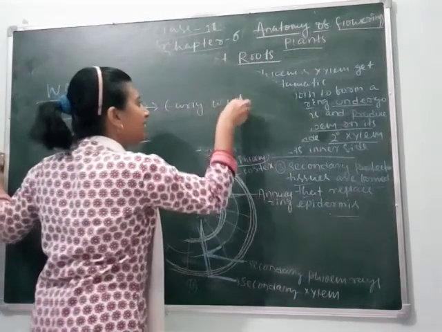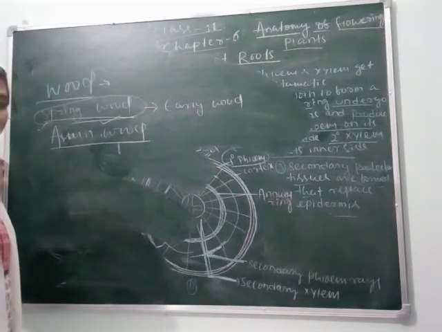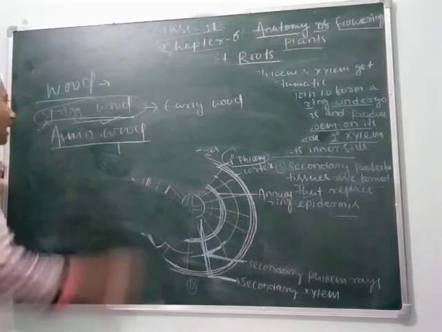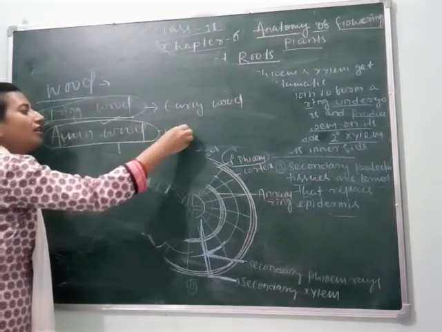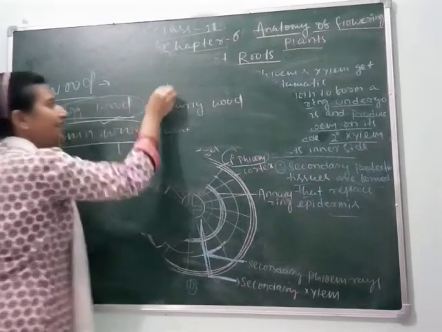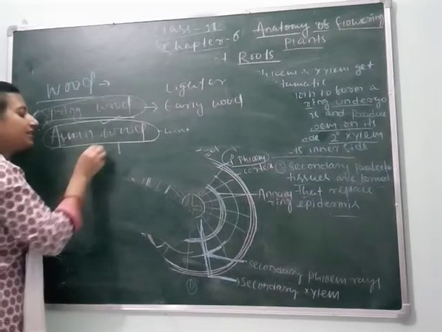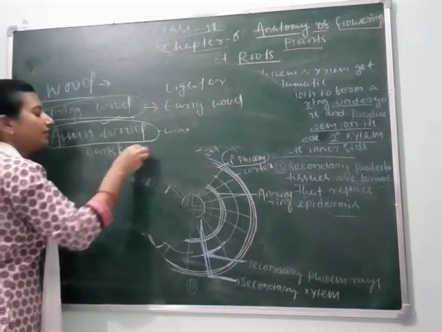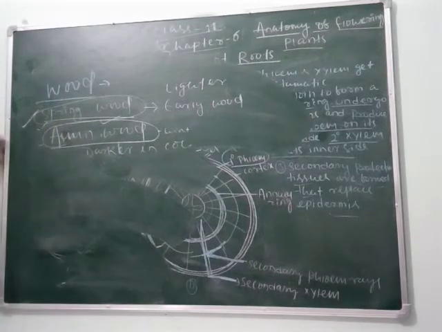Simply, if you are getting confused, you can remember the wood that is formed during spring is called spring wood, and the wood which is formed during autumn or winter is called autumn wood. Spring wood is lighter in color, but autumn wood is darker in color. Clear? This is the main difference.